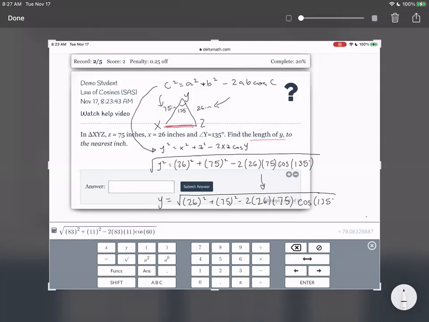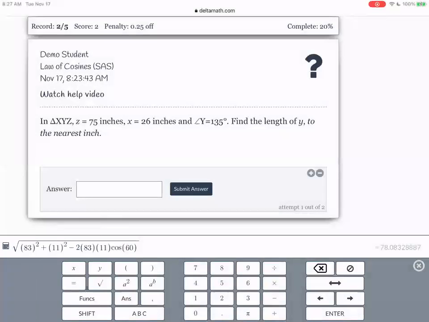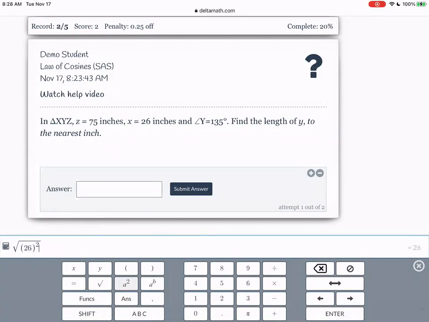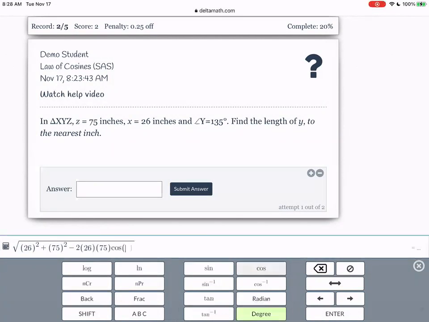Okay, cool. So let's enter this into the calculator. It's such a long thing to enter, but yep, 26 squared plus 75 squared minus 2, 26, 75, cosine.